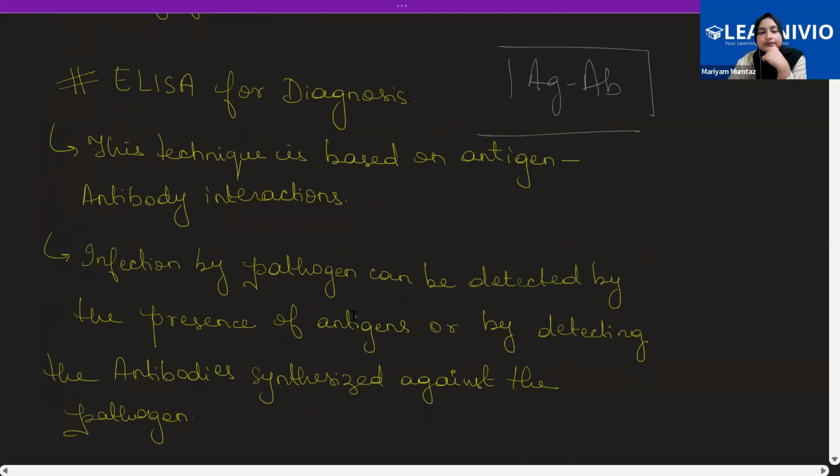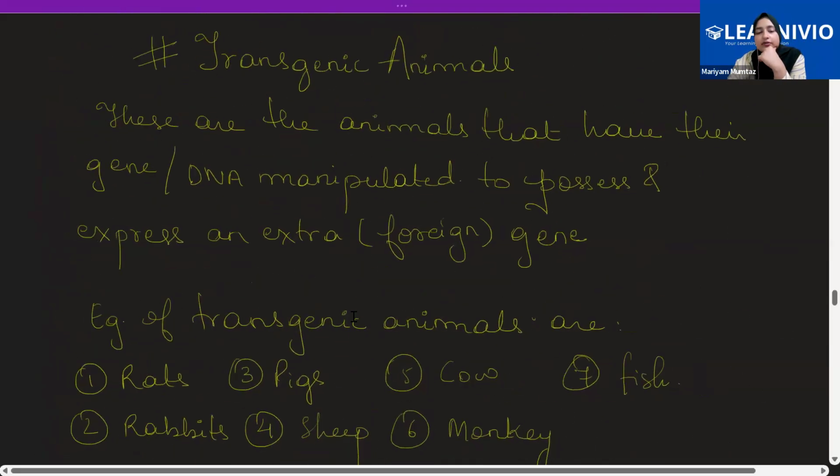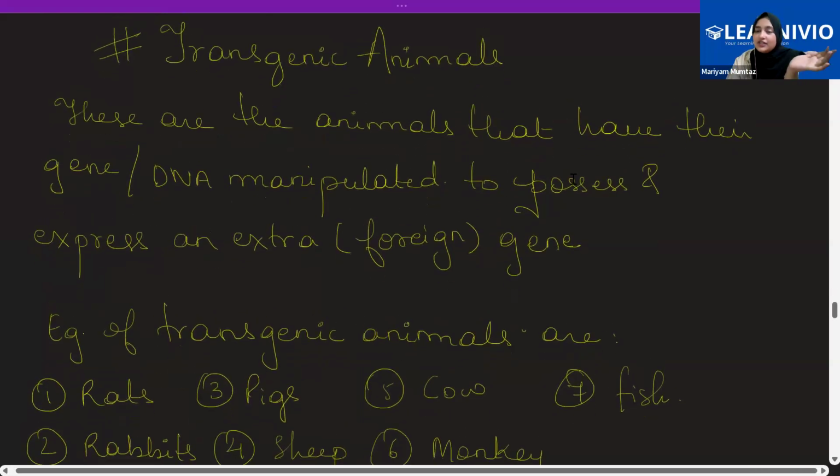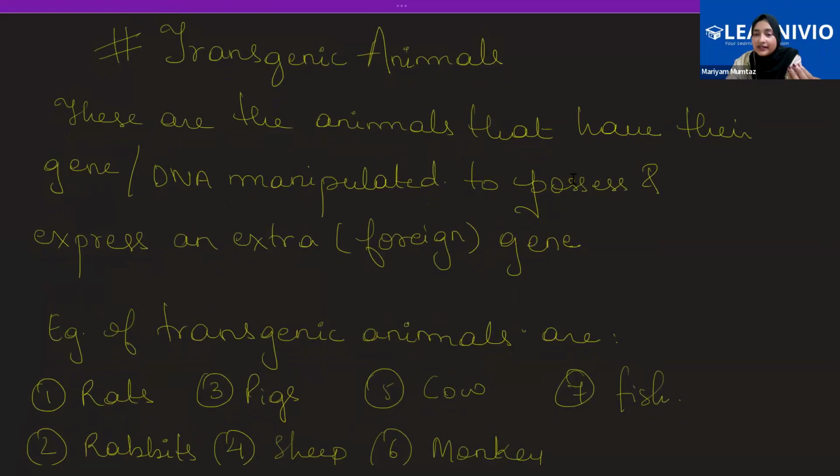Okay, good. Now coming on to transgenic animals. Transgenic animals are those organisms that have their genes modified. Their genes are not normal as to how they were born with. Their genes are modified with the usage of biotechnology or recombinant DNA technology.